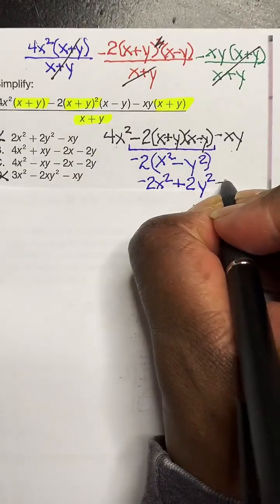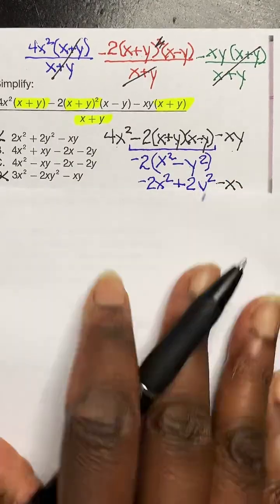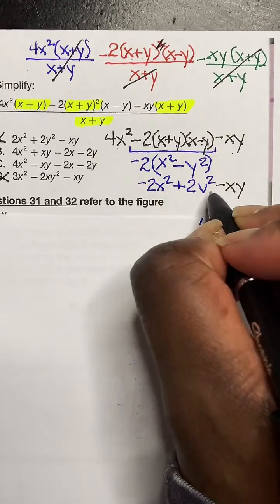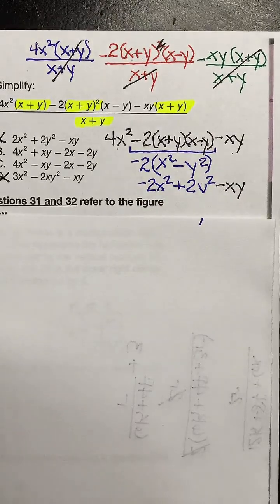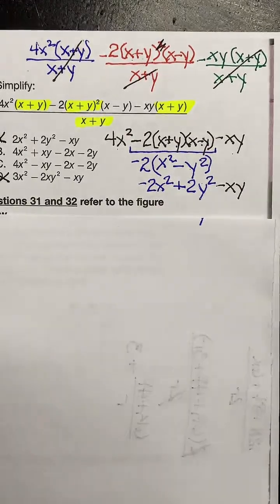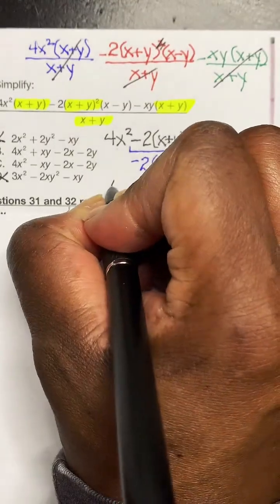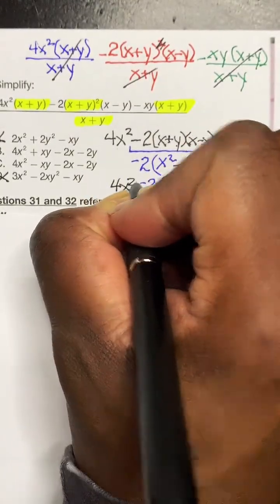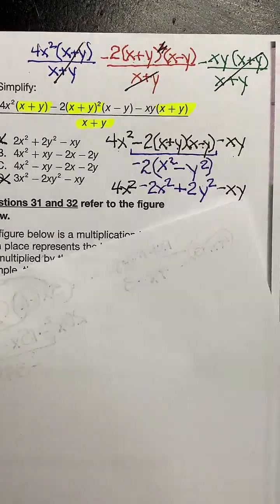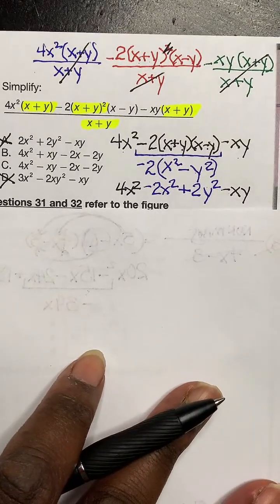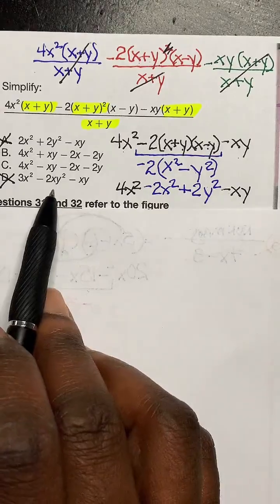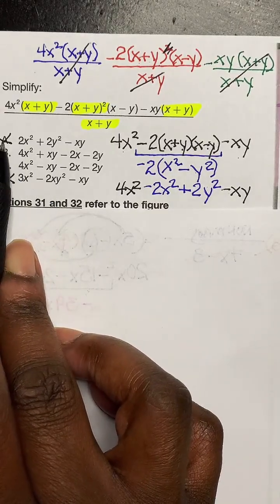This is what happens when I try to get so close. And I'm going to bring down my 4x squared. The reason why I said, ooh, I jumped ahead, is because I got a y squared here. And the only one that gives me a y squared is A.